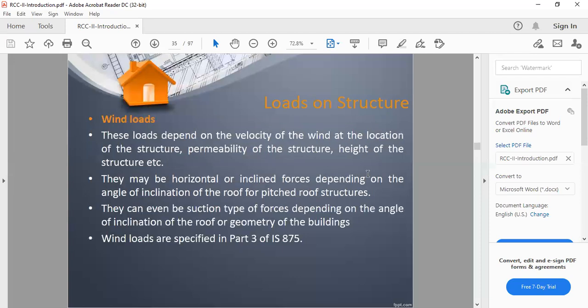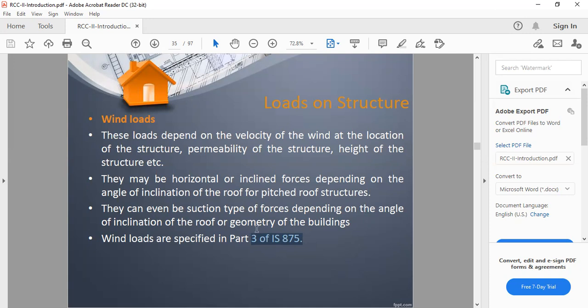Then for wind load, there is a specific code, and that code is IS 875 part 3. Wind load depends on the velocity of the wind, the location of the structure, permeability of the structure, and height of the structure. Likewise, there are different things to be considered while calculating the wind load.